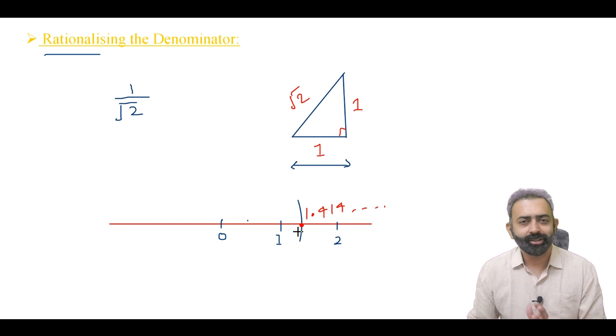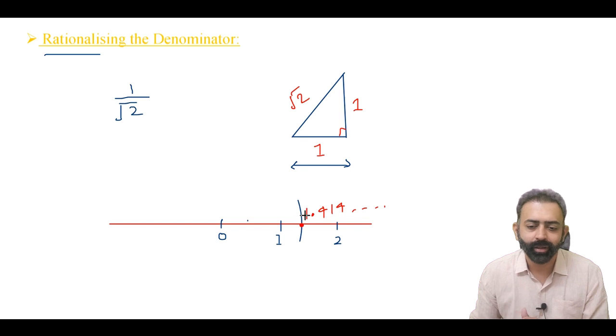And as these are irrational numbers, you cannot find the exact value because we are dealing with lengths. Since it is an irrational number, this value is not accurate, but approximately till 3 decimal places it is 1.414.